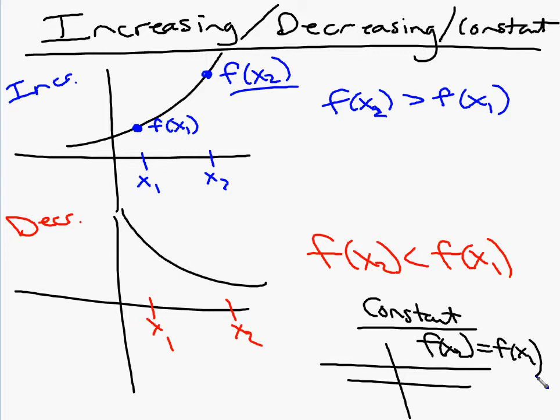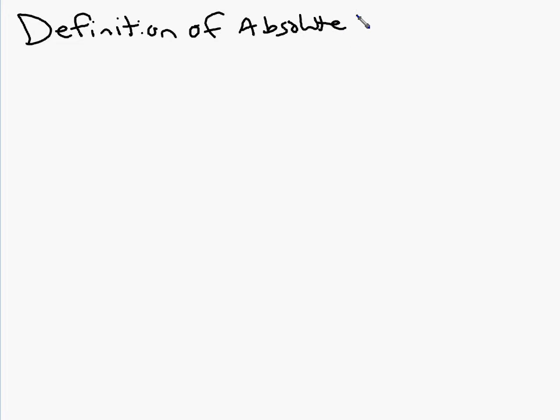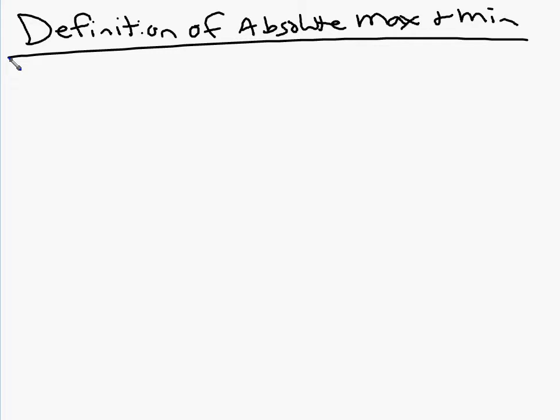Now, let's get a definition in here. Definition of absolute max and min. So there's a couple of prerequisites we have here, a couple of things we have to have. Number one, okay, f is defined.